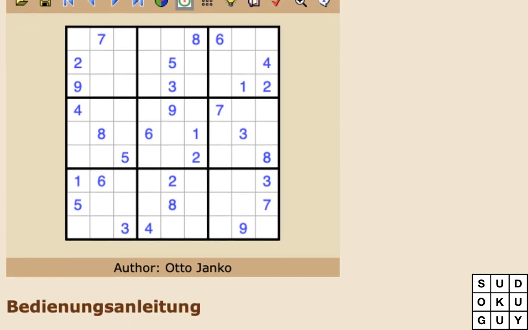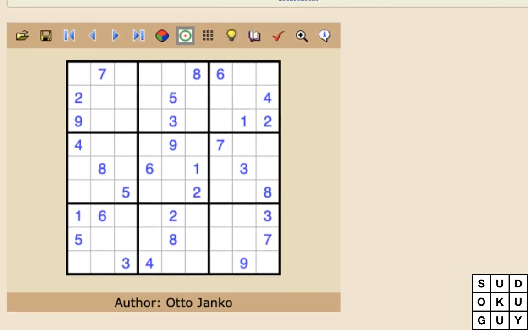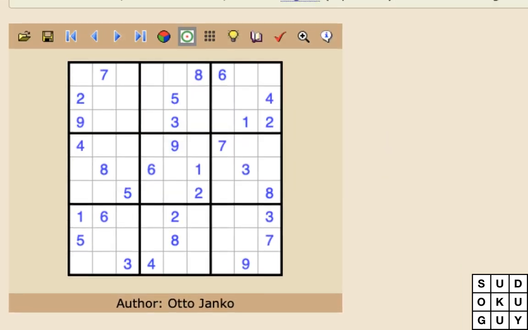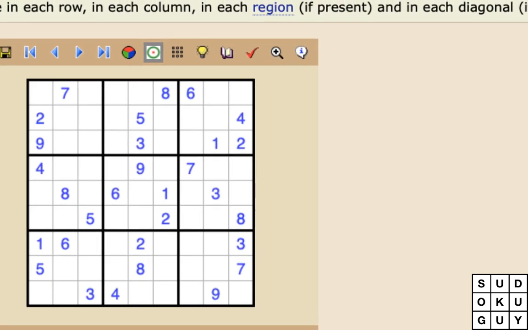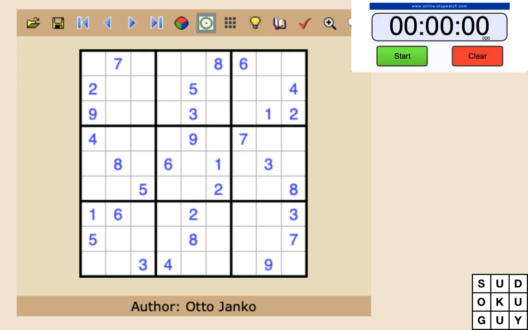We have nice big, long words for everything. So this is number 46.